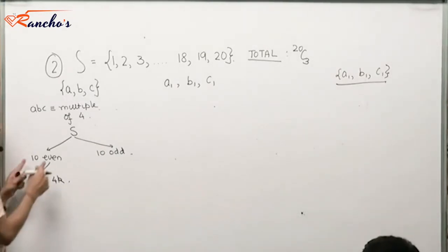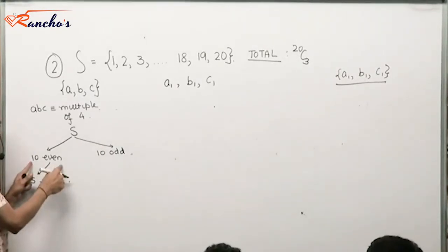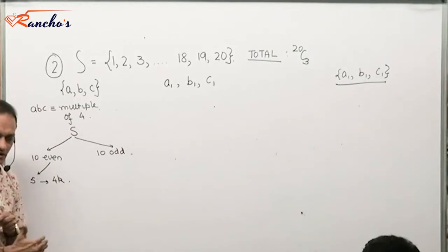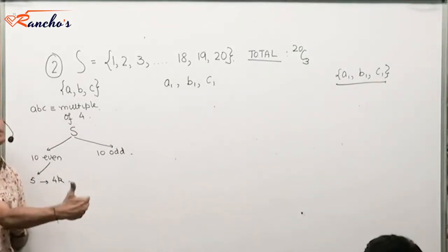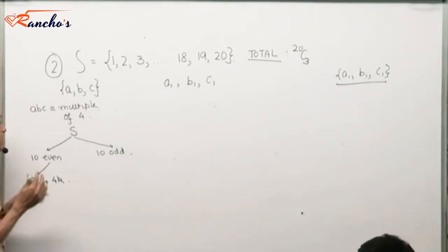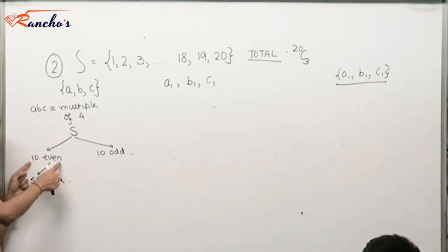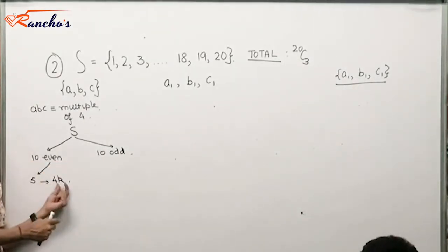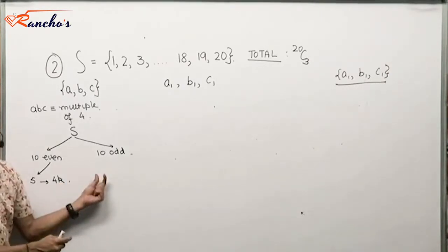If you are given 10 even numbers, not every even number will be a multiple of 4. If the first number is not a multiple of 4, the next even number will be a multiple of 4. Isn't it? So out of 10 consecutive even numbers, there are 5 that are multiples of 4 and 5 that are not multiples of 4.